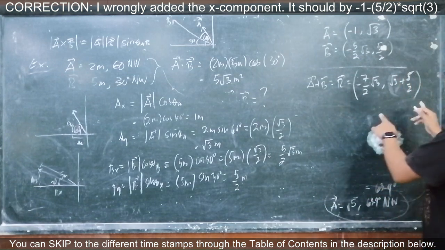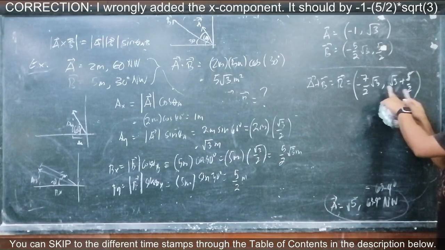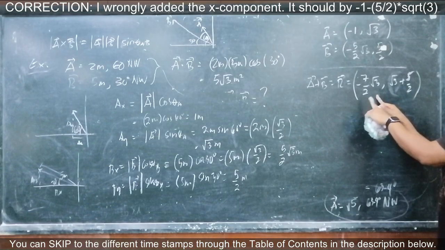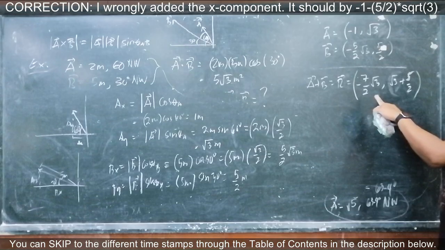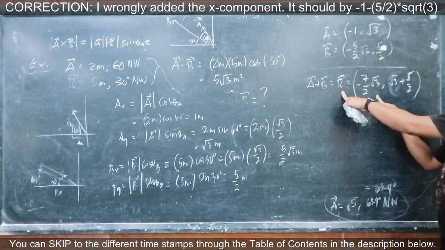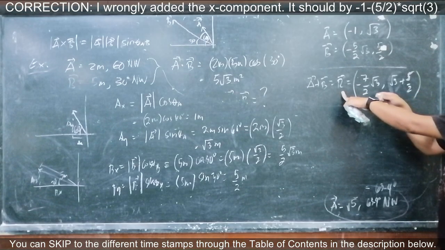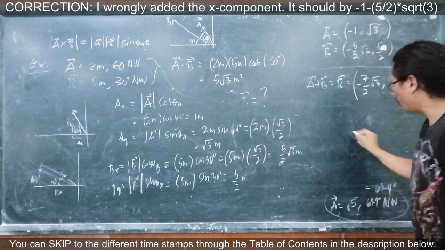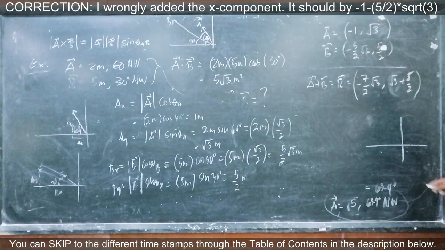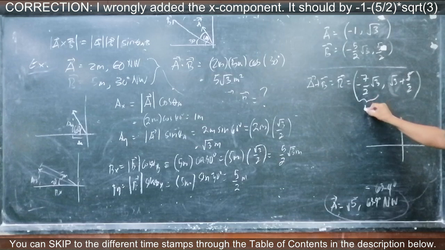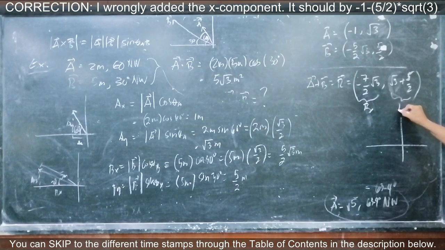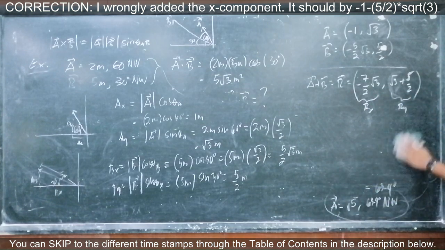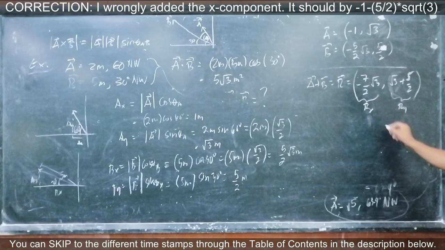Now, this is positive and this is negative. So which quadrant does R lie in? Because x is negative and y is positive, it's still in quadrant 2, right? So this is Rx and this is Ry.